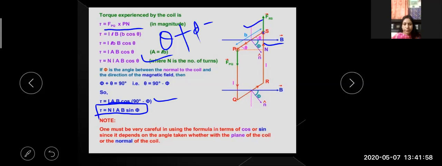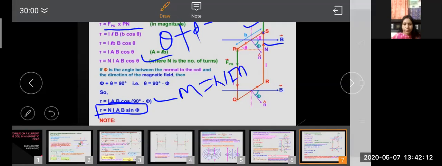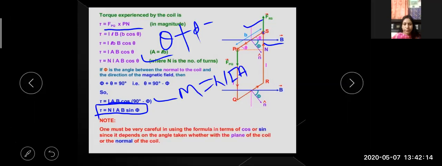Here NIA is M. M is the magnetic dipole, which we will discuss later. So we can write torque experienced by the coil equal to MB sin theta.